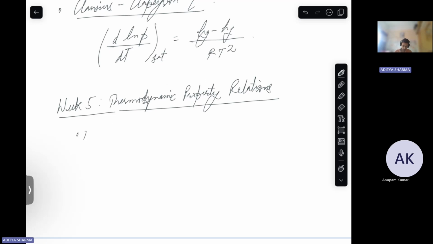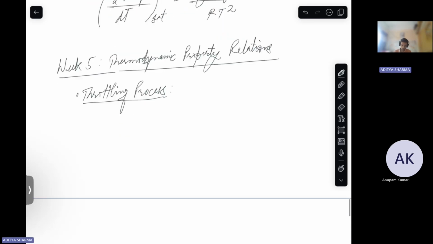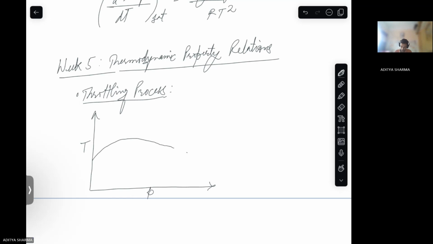So the throttling process, right? Graph is like this. Your throttling process basically is an isenthalpic process, where the enthalpy remains the same, right?